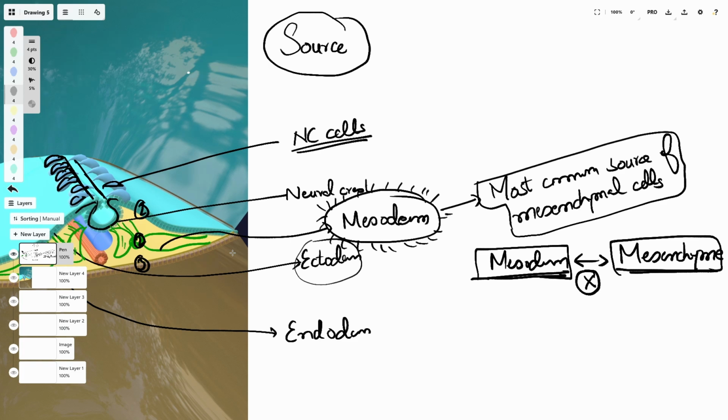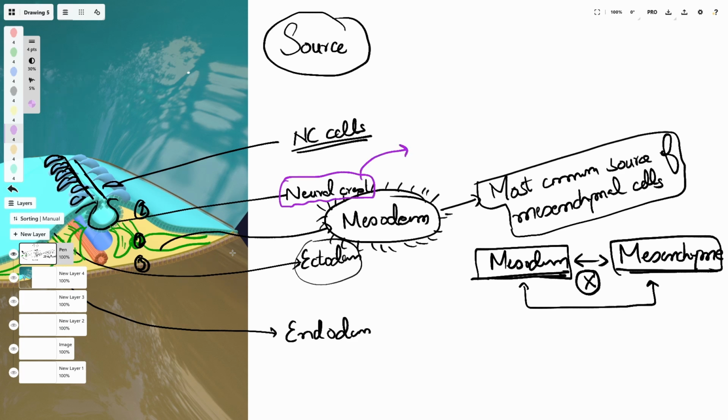Mesoderm is not mesenchyme. But because the major source of mesenchyme is mesoderm, that is why many textbooks, many authors, erroneously use these two terms interchangeably, but it is not appropriate to do so. Please get this point straight in your mind. Now, besides the mesoderm, the second source of mesenchyme is neural crest cells.